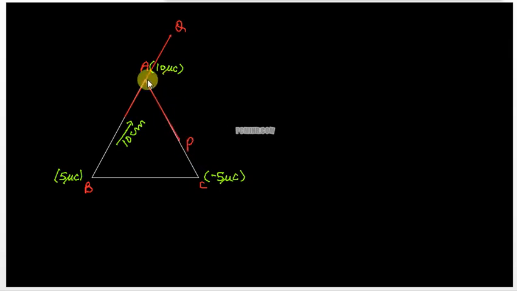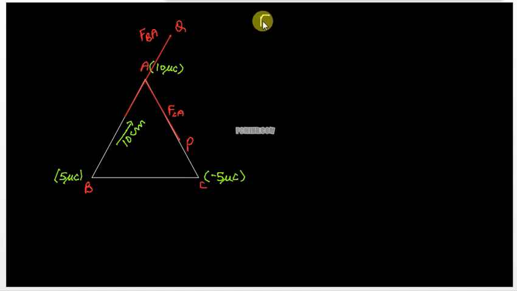So now the angle between the forces, let's mark this as FBA, the force exerted by B on A is along AQ, and let's mark this as FCA, the force exerted by the charge at C on A. So first of all, what are the values of these forces?